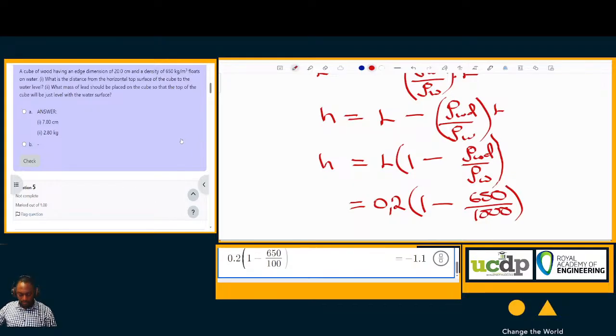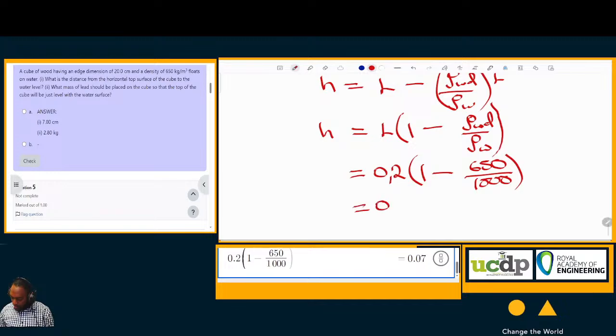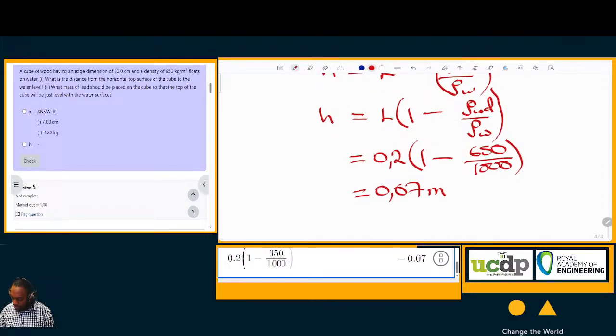Let's see if this is what is expected of us. That's quite different, because I missed a zero there. The density of water should be 1,000. So that gives you 0.07 meters, which is the same as 7 centimeters.